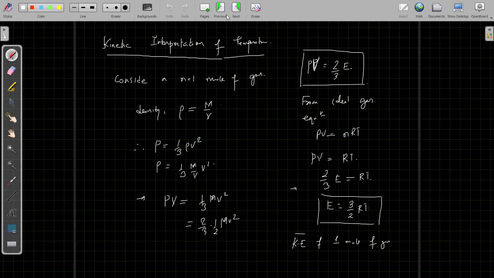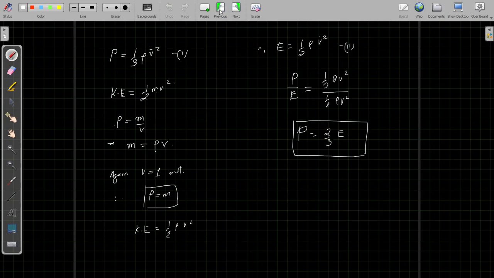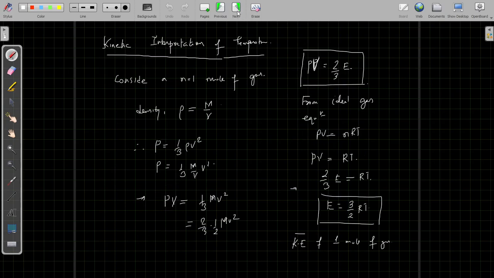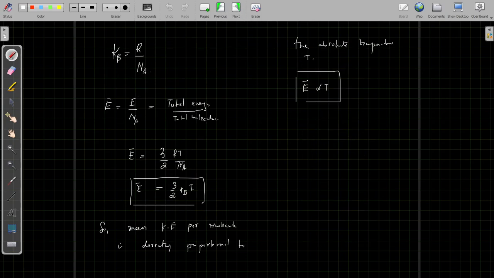Now again, we know we have derived this. E equals to how much we have derived? E, we have derived this, half rho V mean square, or we can write this as rho, mass by volume, into V mean square.